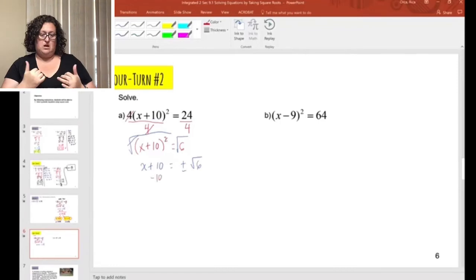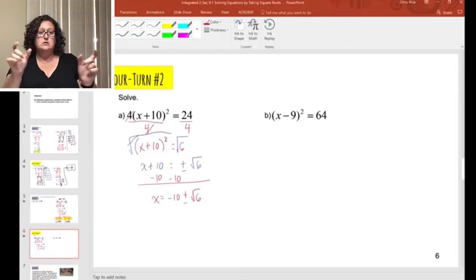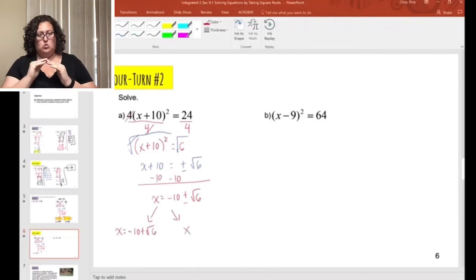So now we want to subtract 10 to both sides, and we get x equals negative 10 plus or minus radical 6. Don't combine negative 10 with 6 because they're not like terms. That 6 is under a radical. So class, our two solutions are x equals negative 10 plus radical 6 and x equals negative 10 minus radical 6.